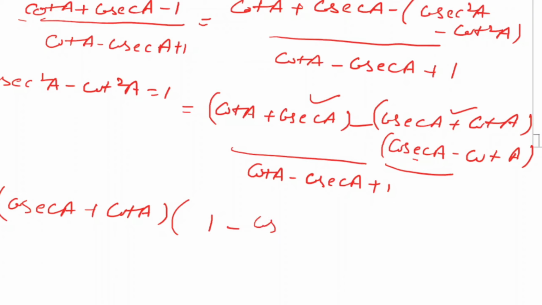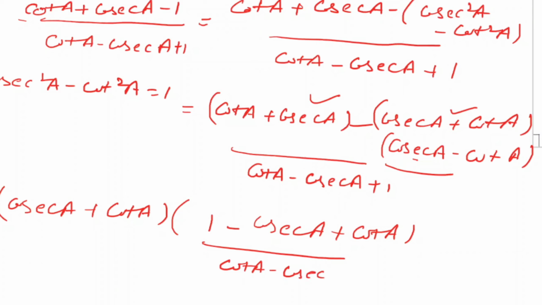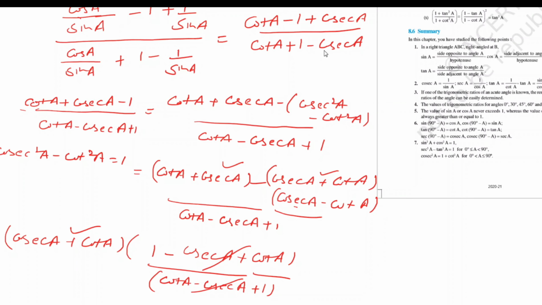So the sign inside will change: cosecant A plus cot A, and in the denominator cot A minus cosecant A plus 1. You can also rearrange. If you see, the terms are both the same, just this 1 is written here, and cot is there, so we can rearrange. So these two terms cancel, and hence this is proved. So hence the result, hence proved.